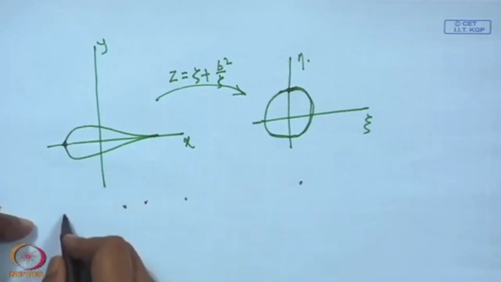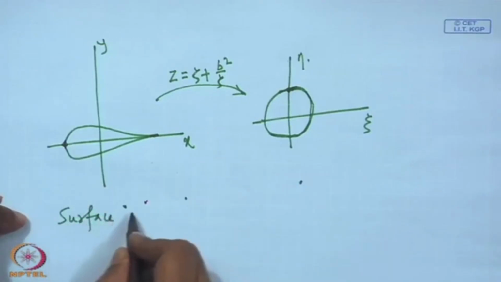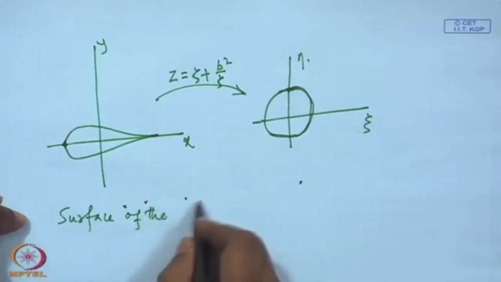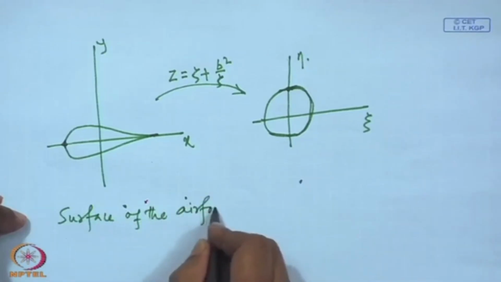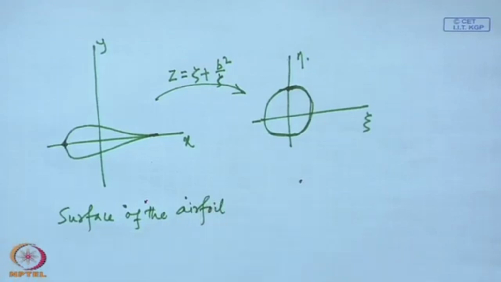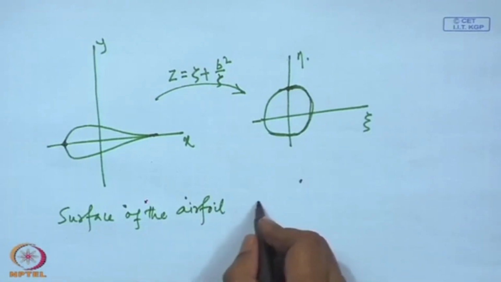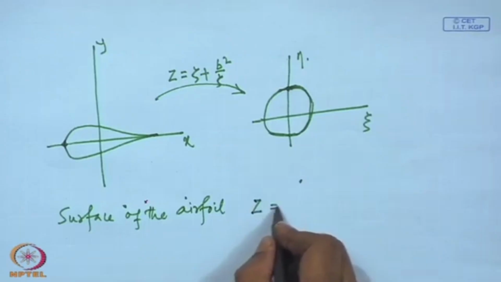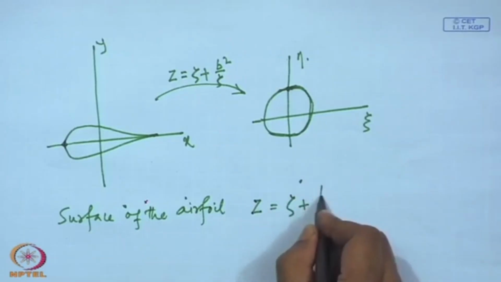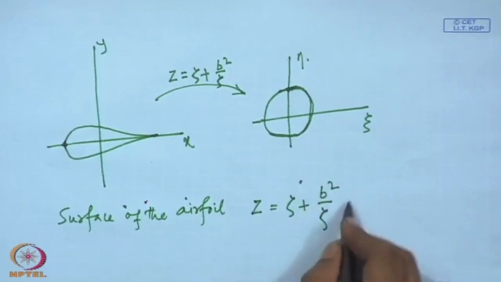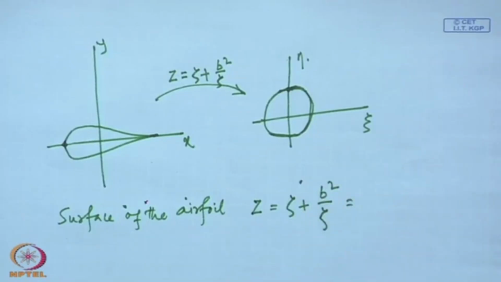I mean, whatever the geometry is, what is its surface. What is zeta? Zeta naught plus r e to the power i theta. Zeta is zeta naught plus r e to the power i theta, that is in general.